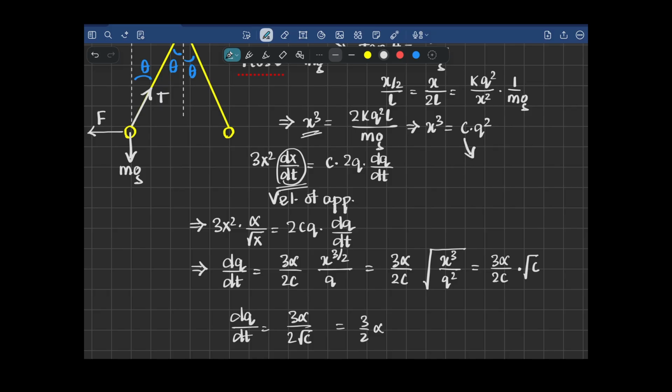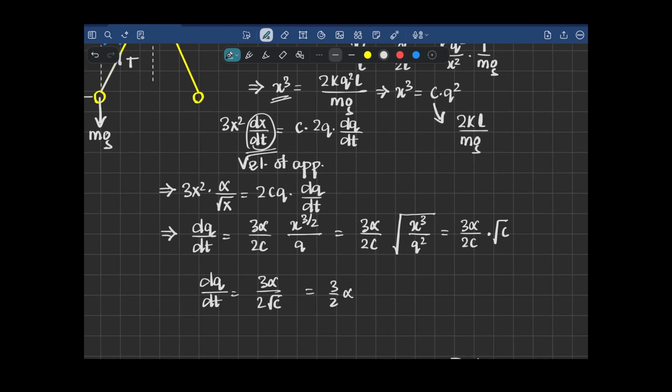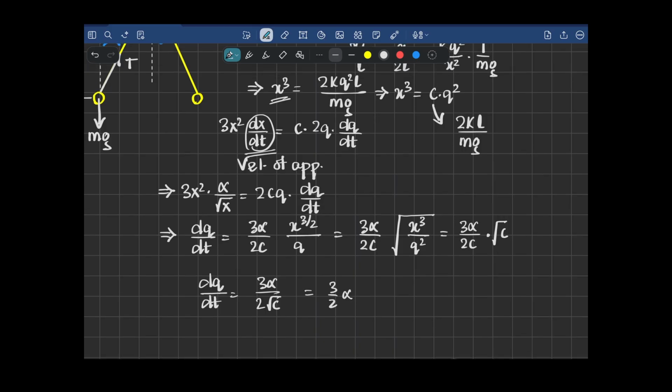The constant is 2kL by mg, right? So here I am getting 1 by root c. The root of 1 by c I am writing as mg by 2kL. K value is 1 by 4 pi epsilon naught here, and this is our answer.